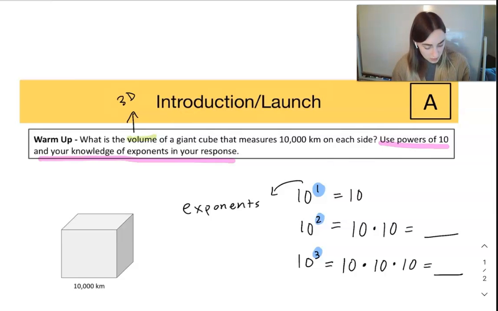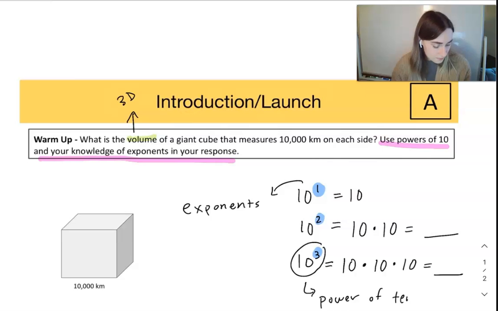And when we write this all together, we have a power of 10. So right now, I want you to pause and think about how could we express the number that they gave us, 10,000 kilometers. How could we express that as a power of 10?